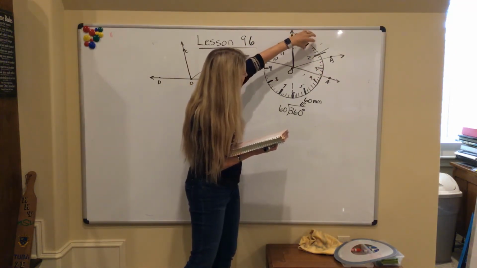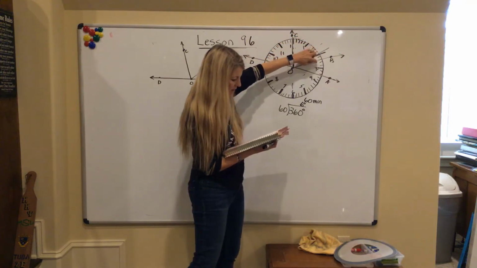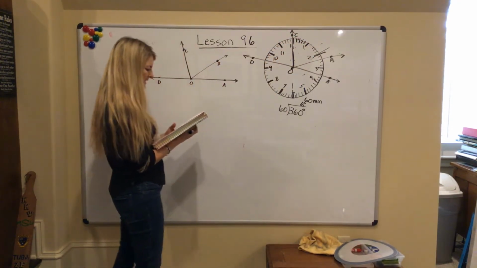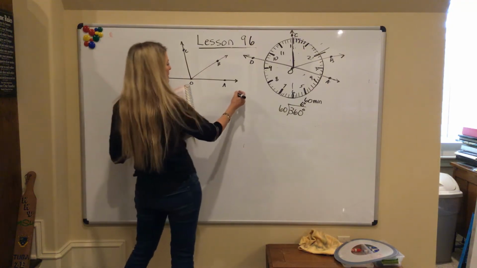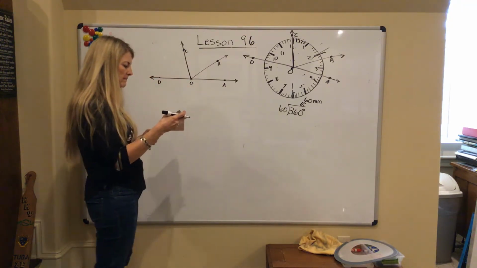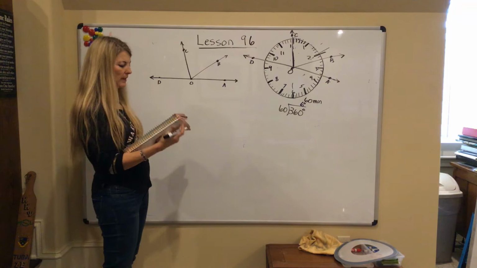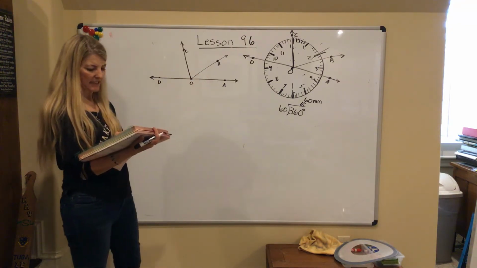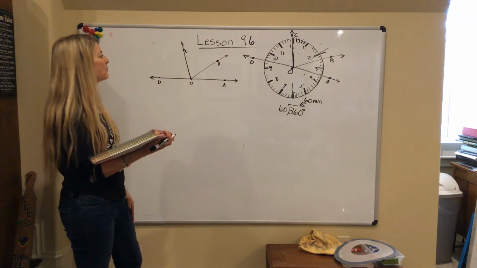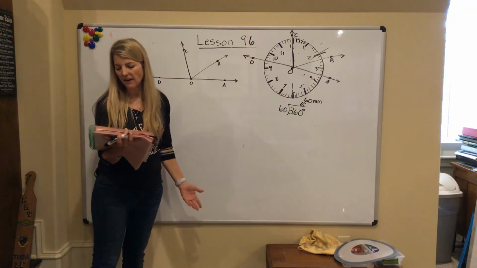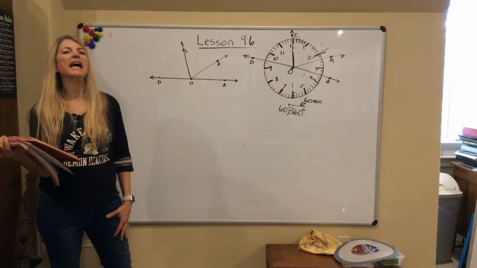That's 5, 10, about 11, 12 times 6. So roughly 72 degrees. If we estimate that and then actually measure, we'll see our measure really is around 75 degrees. So it's a really close estimate.